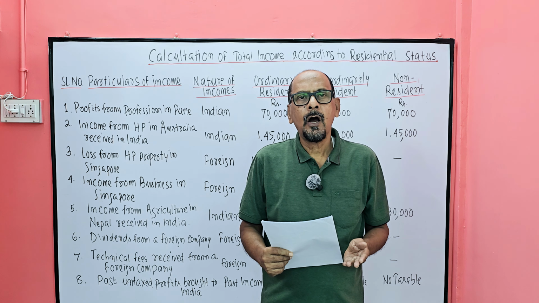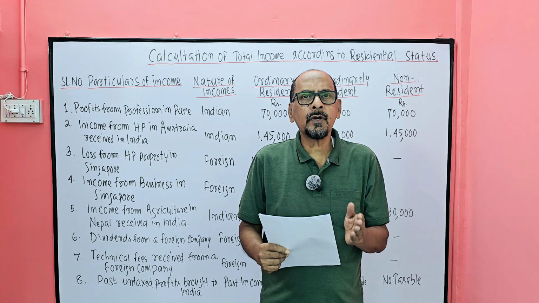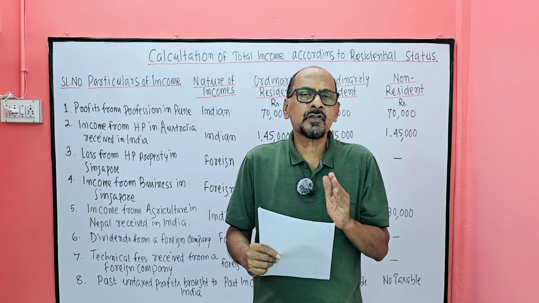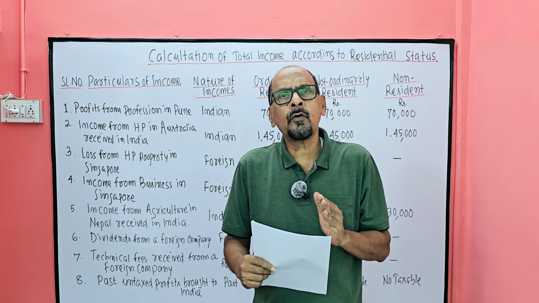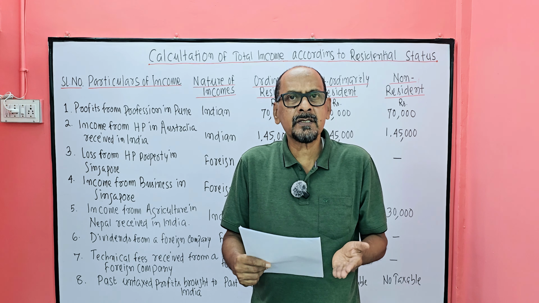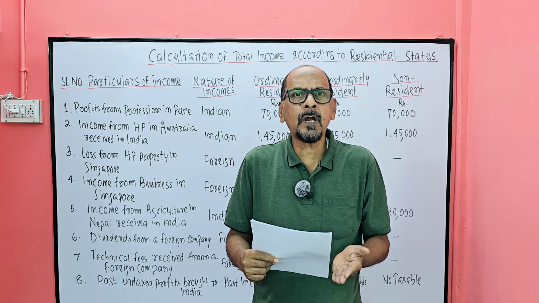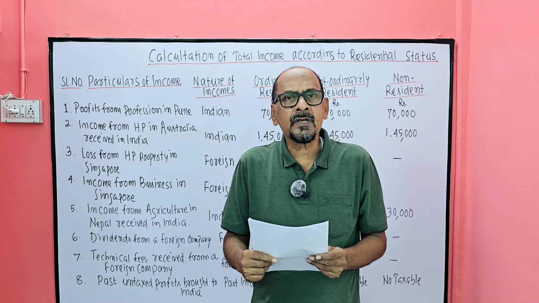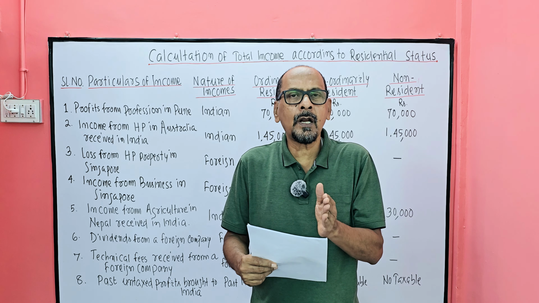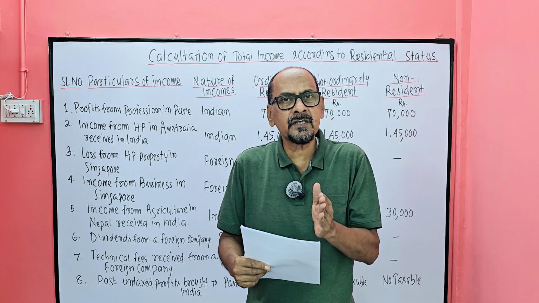So today I will work out a problem and solution related to the scope of total income according to residential status, or we can say the computation of total income according to residential status. So how to calculate the scope of total income according to residential status?